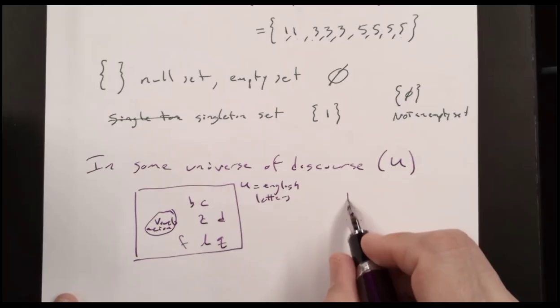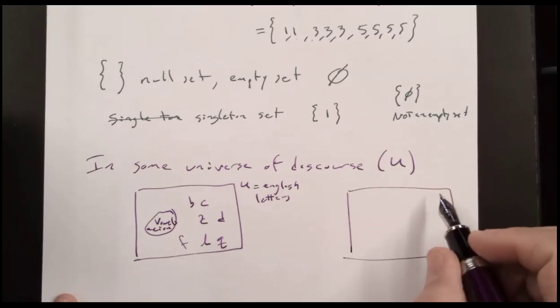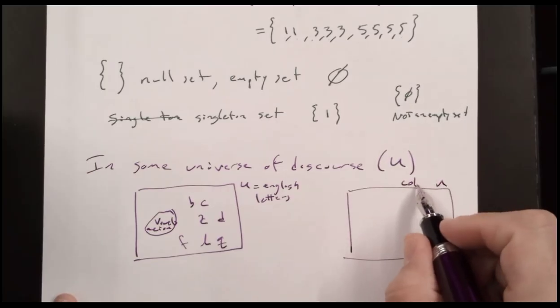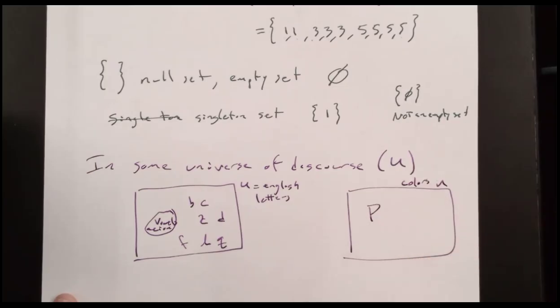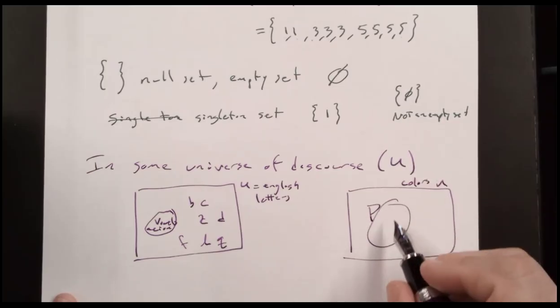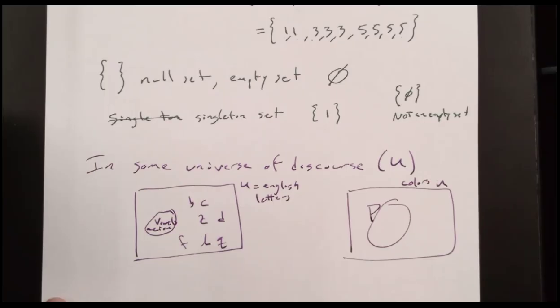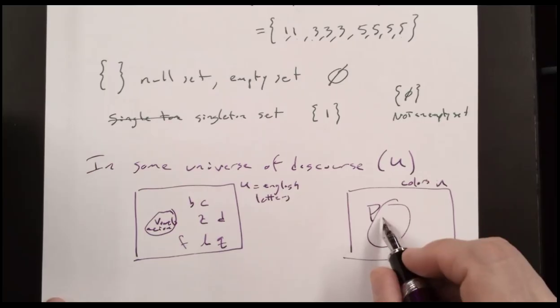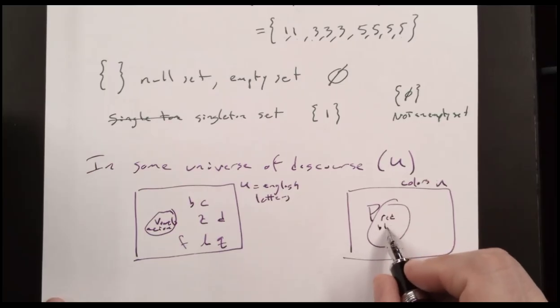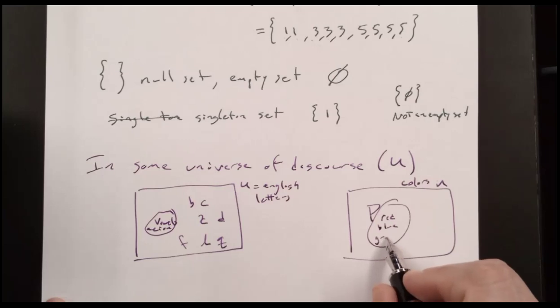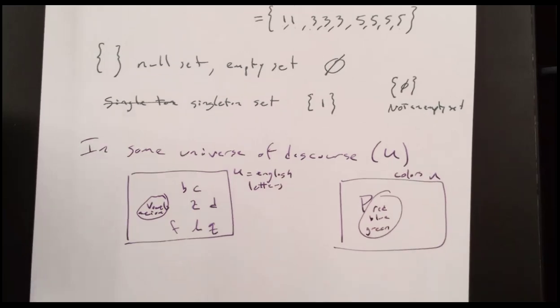If my universe of discourse is colors, I could create the set P for primary colors. Now, primary colors for light are red, blue, and green.